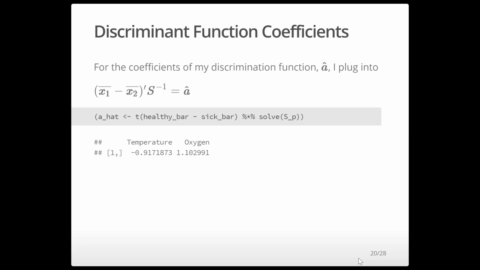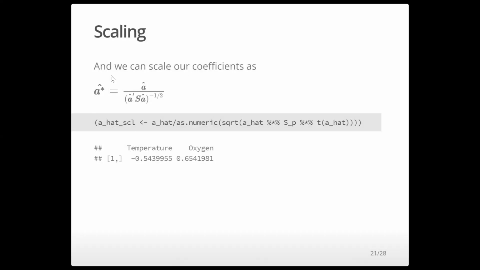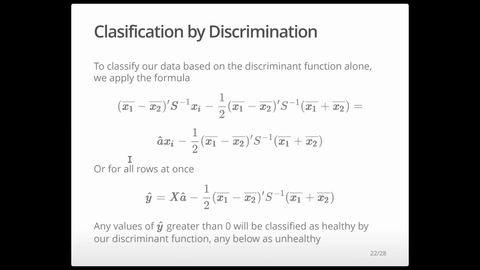plugging into this formula. So these are our raw coefficients. And then we can scale them with this formula. This is the correct formula here. I just forgot to change it on the other slide. And so these are our scaled coefficients. To classify our data based on the discriminant function, we just compare these coefficients multiplied by the data points to this scalar here.